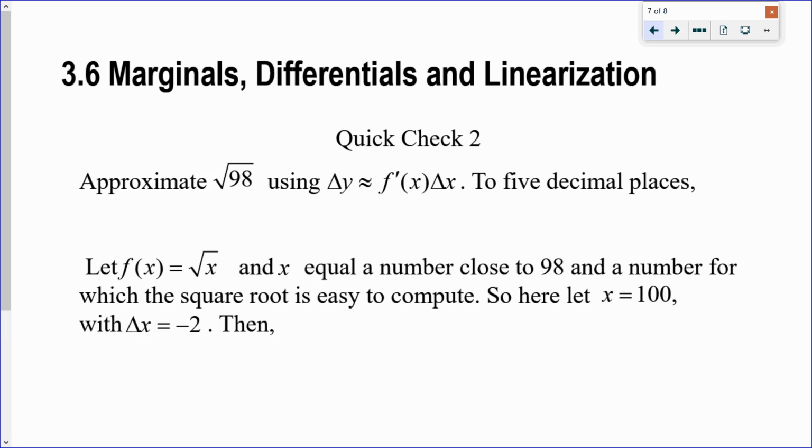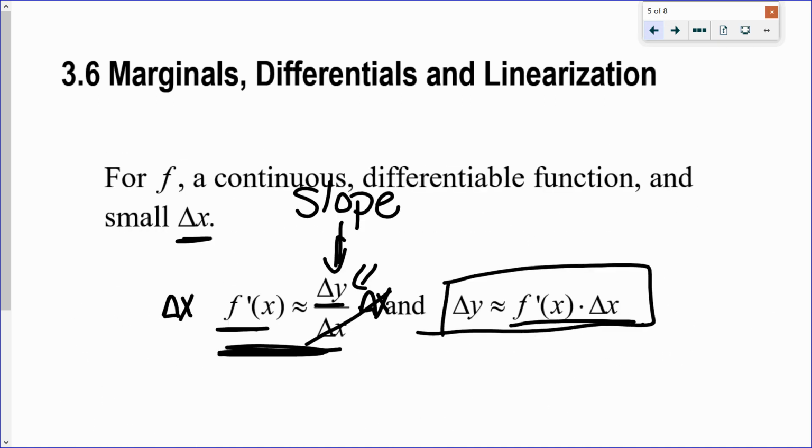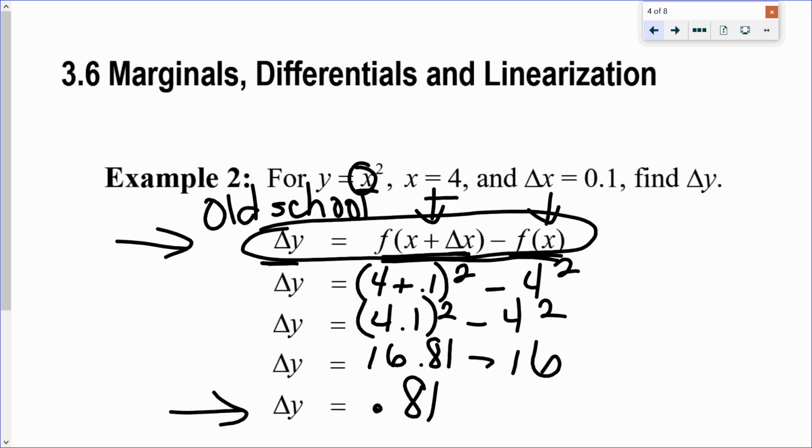So your quiz will have one of these on it, and it also has, sorry, let's go back. It is also going to have something here like this, where you have to do both. And let me go ahead and do that on here. So we had that delta y was 0.81.